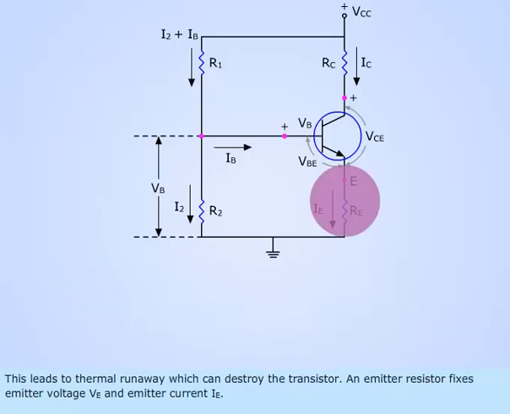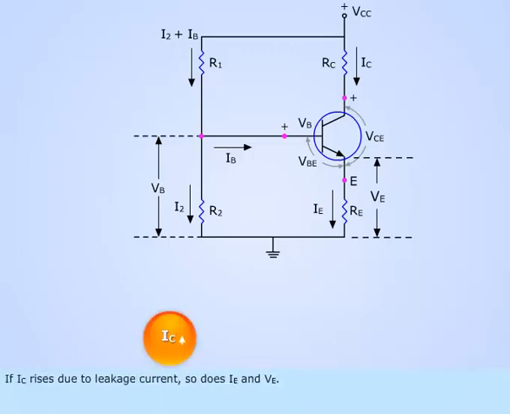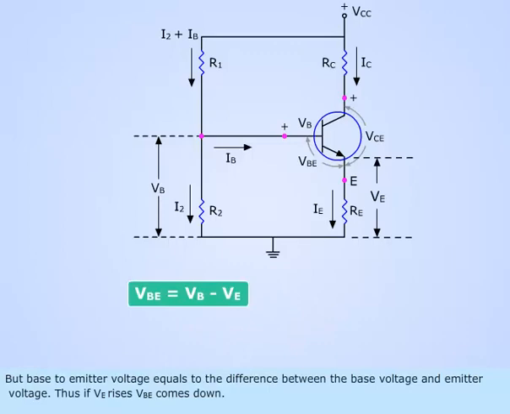An emitter resistor fixes emitter voltage, V sub E, and emitter current, I sub E. If I sub C rises due to leakage current, so does I sub E and V sub E. But base to emitter voltage equals the difference between the base voltage and the emitter voltage.